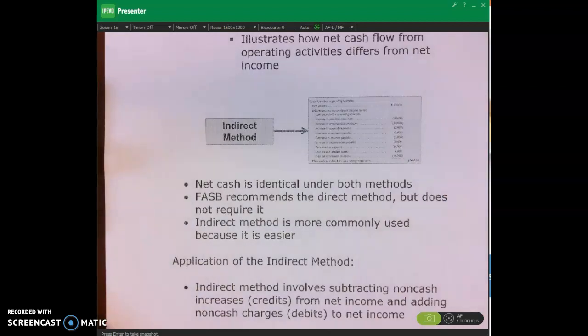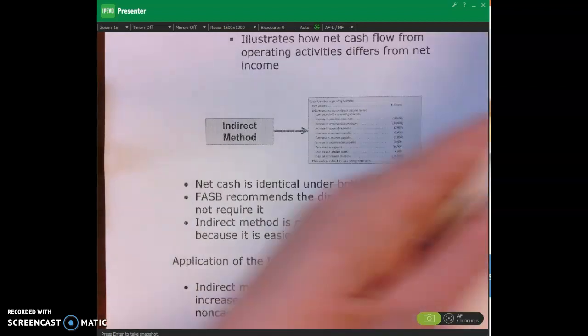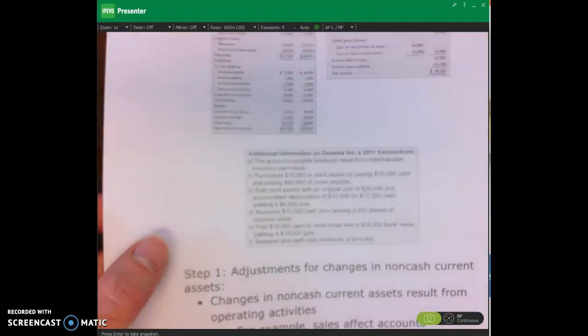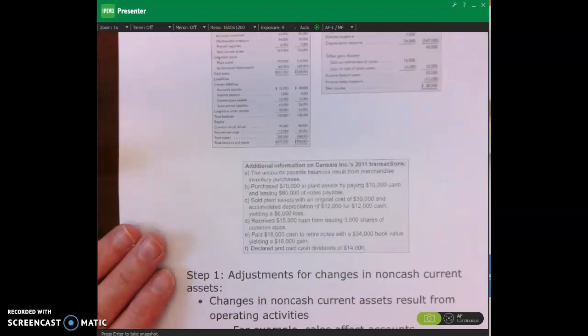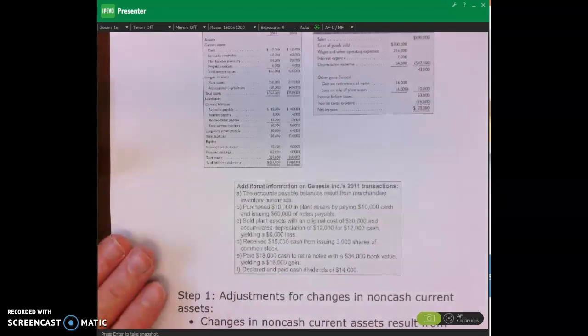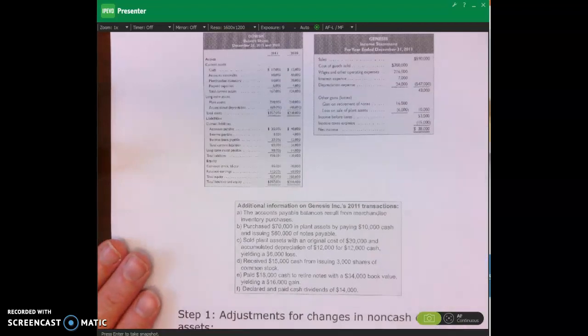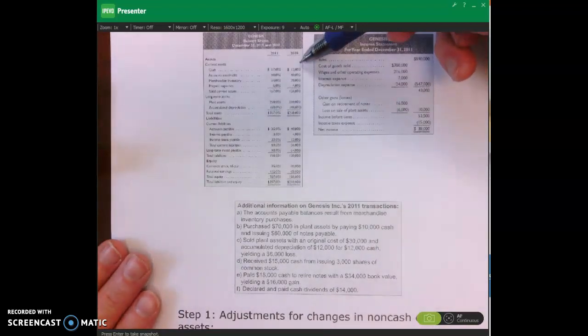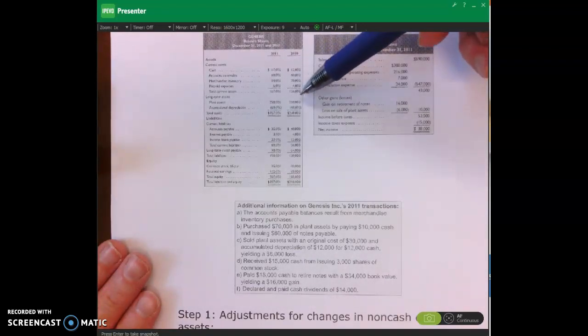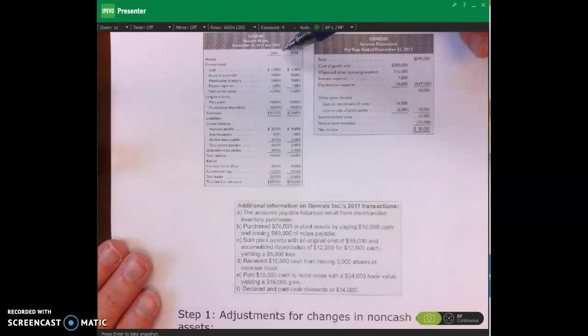In order to do that, we're going to have a couple sheets. The first one is our comparative balance sheets. You can see this one says 2010 right over here. We have our cash, accounts receivable, merchandise inventory, so on and so forth, our classified balance sheet. Prior year, this year.